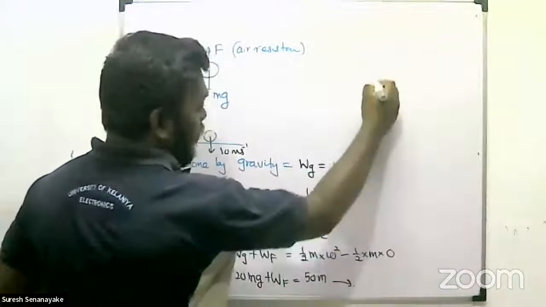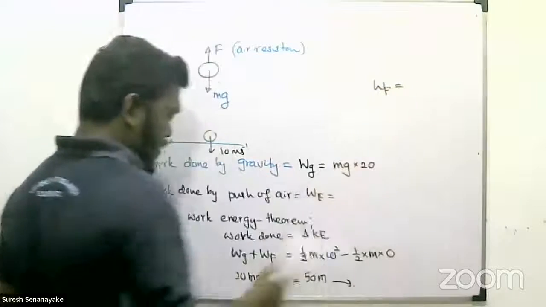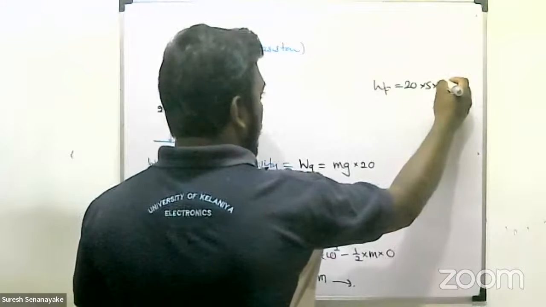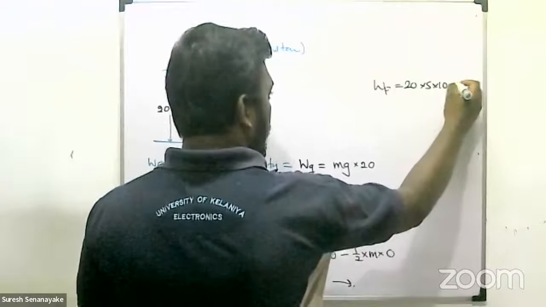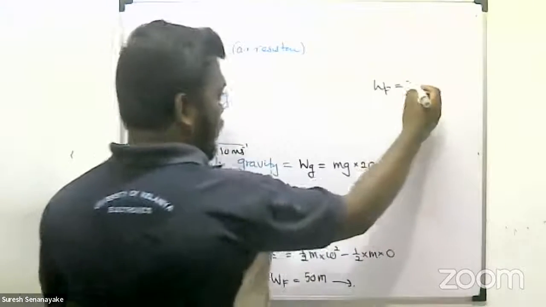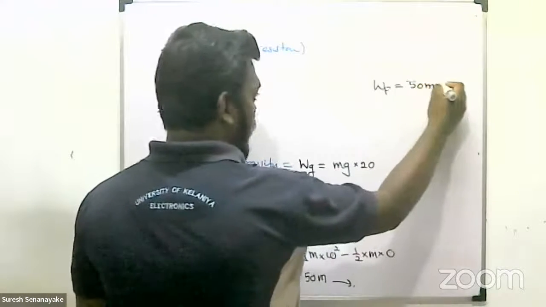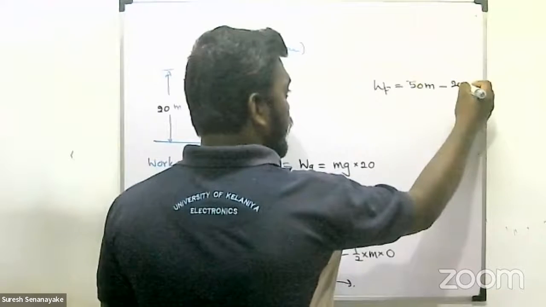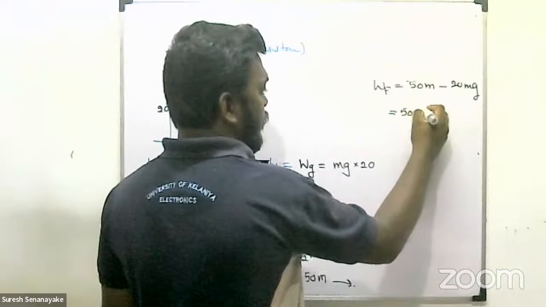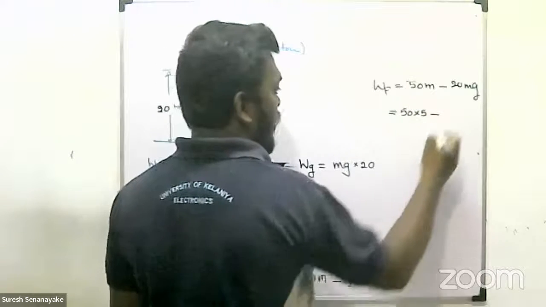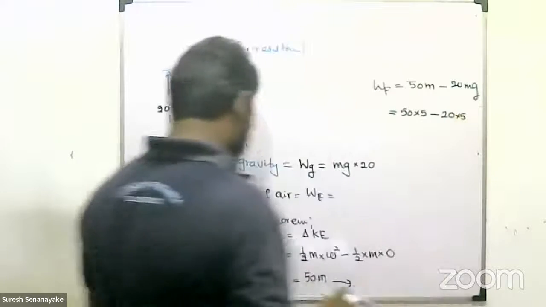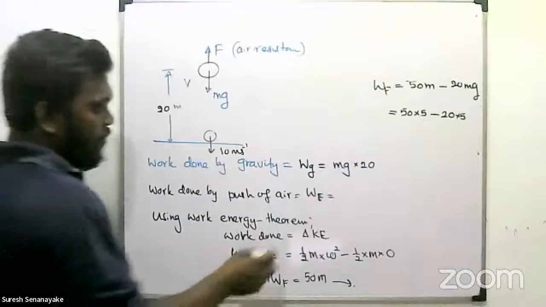After this you can write that WF equals 50 m minus 20 mg. Now substitute values, 50 into 5 minus 20 into 5 into 10. Sorry, not 20 mg, it is 20 m only.